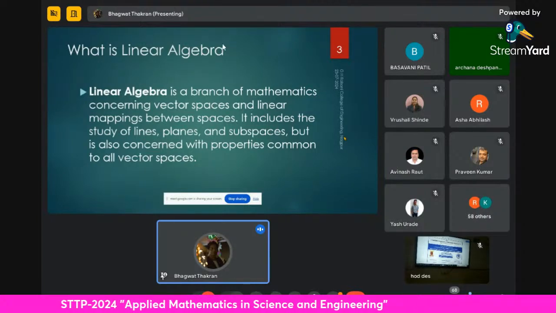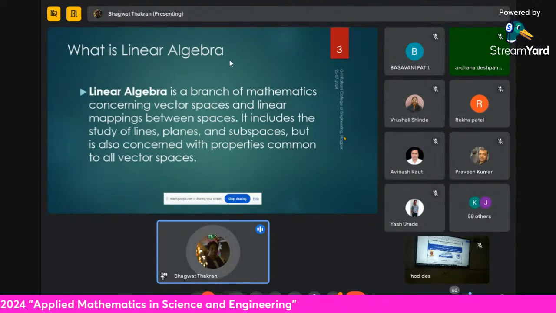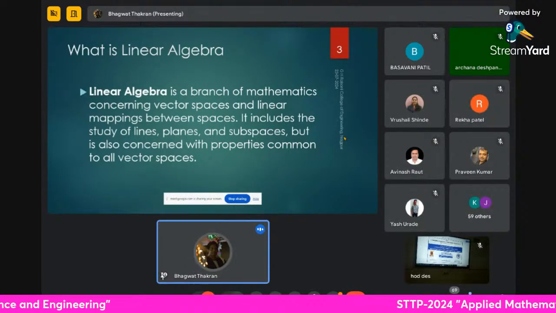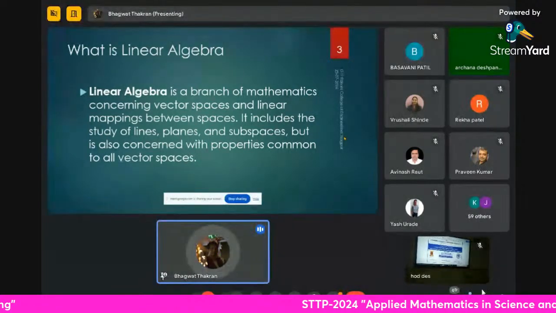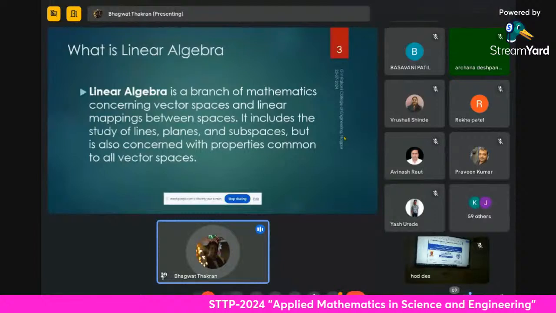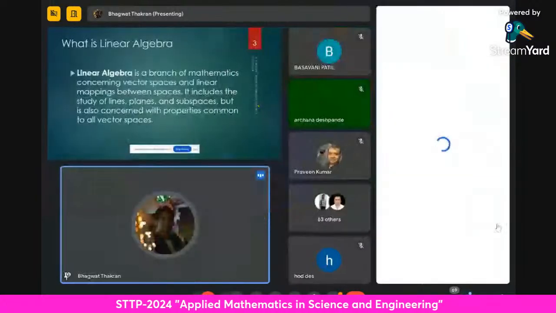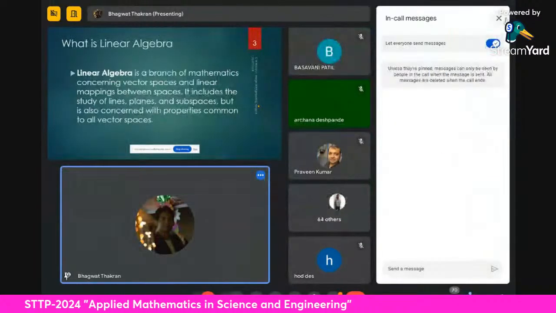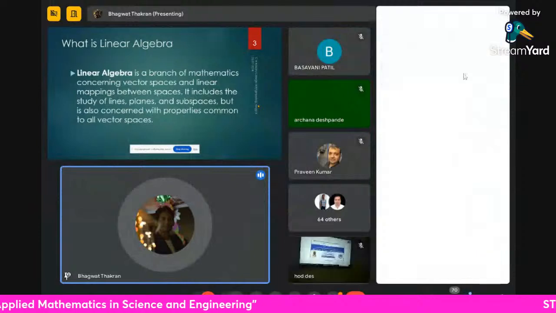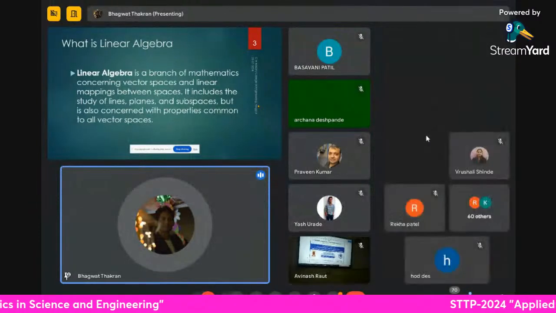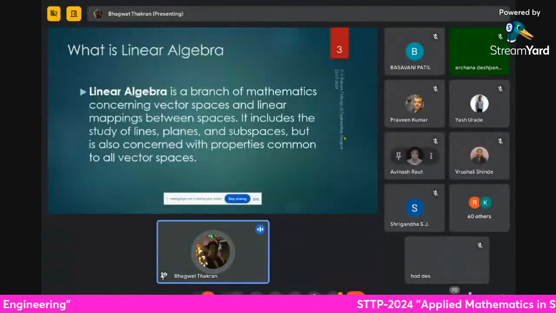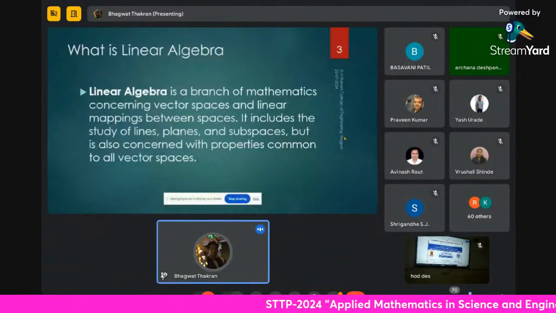So the first question is, if it is a branch of mathematics concerning vector spaces and the linear mappings between spaces, then what is a vector space? And it includes the study of lines and planes, more commonly.